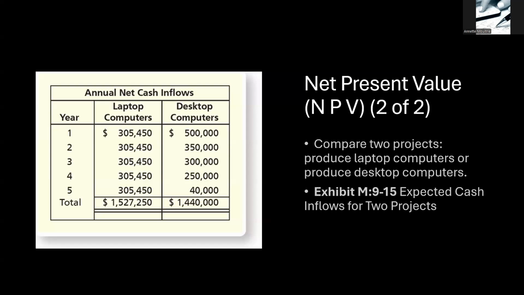The 2 projects have different patterns of predicted net cash inflows, as you see here. The laptop project generates more net cash inflows, but the desktop project brings in cash sooner.